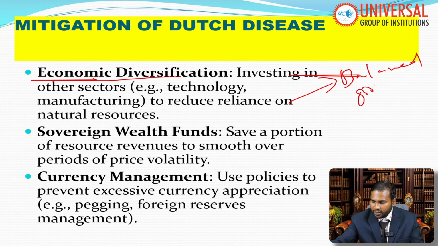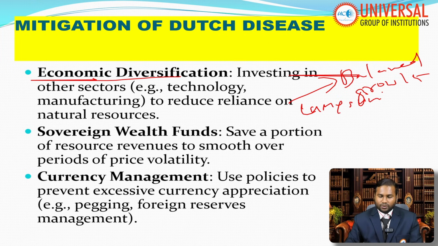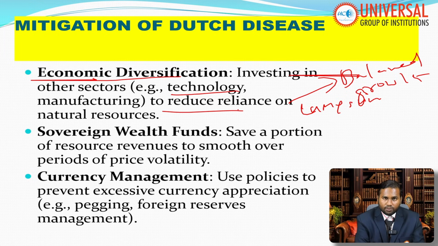Simultaneously investing a lump sum amount of capital into all sectors of the economy, because diversification is what is required. When you diversify, you actually thrive for a longer period, be it investment or be it economy. When you diversify the investment, you do not lose all of it.